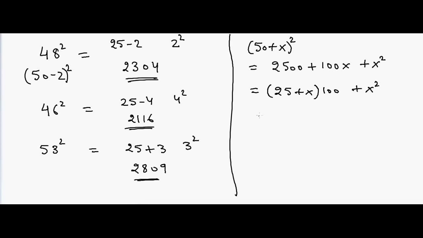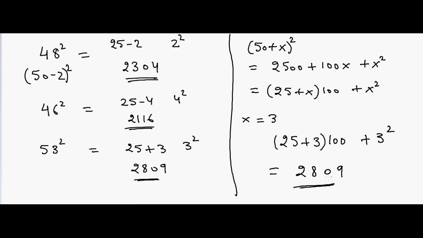So as you can see, if x is equal to 3, then I'm adding 25 plus 3, and then I'm adding 3 square. So the answer is equal to 2809. So this is how this trick works. It's based on a plus b whole square.